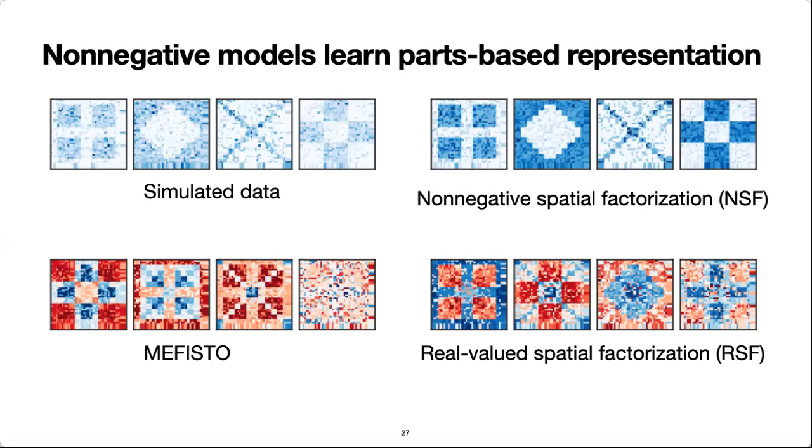On the non-negative approach, each component was a particular region of the face, like an eye or a nose or an ear. And so that's what we're really interested in here. And as you can see, our approach, non-negative spatial factorization, was able to successfully recover these and sort of deconvolve these various spatial patterns. So hopefully that motivates the importance of the non-negativity constraint.